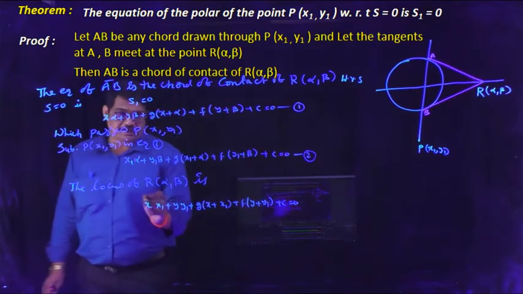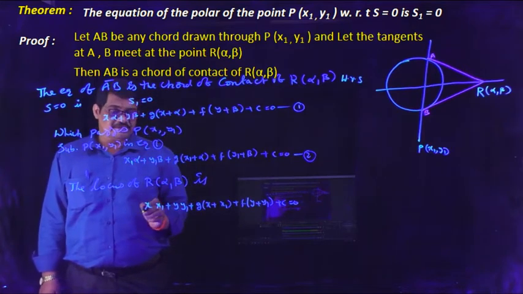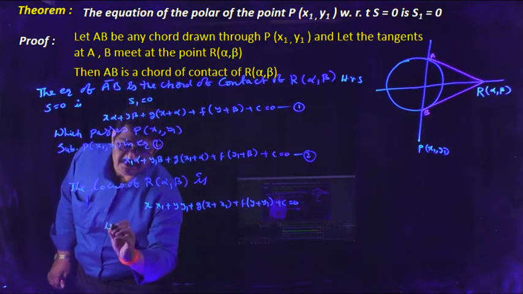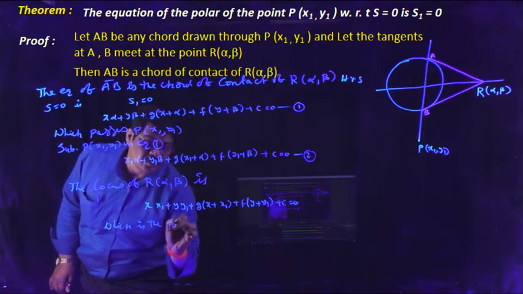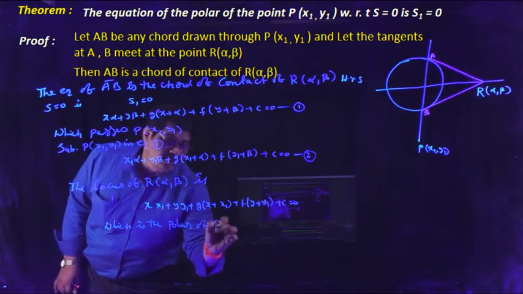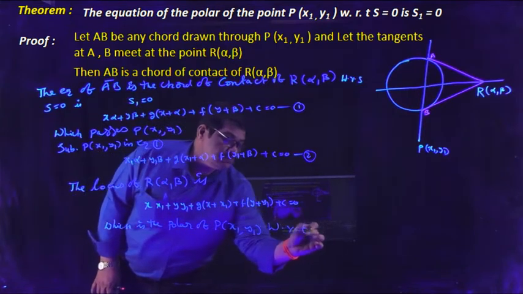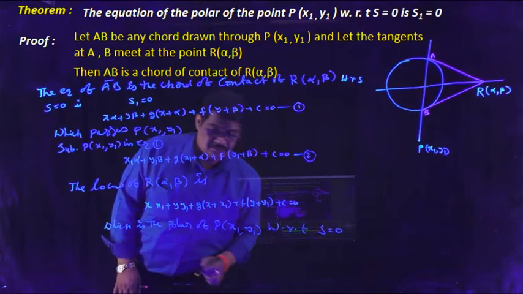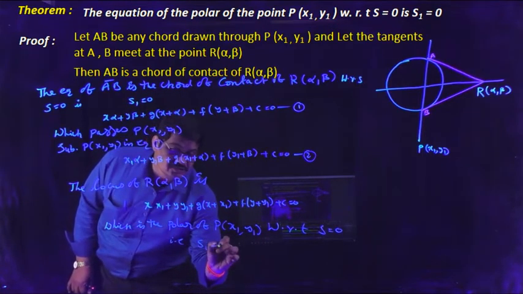So this equation represents the polar of P (x1, y1) with respect to S is equal to 0. That is the equation S1 is equal to 0.